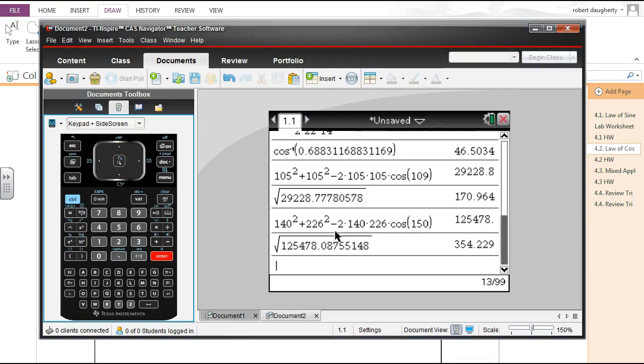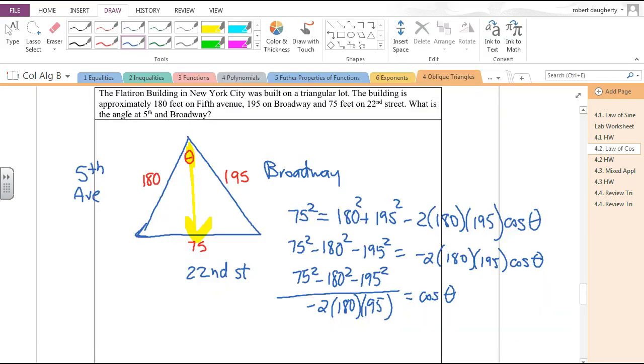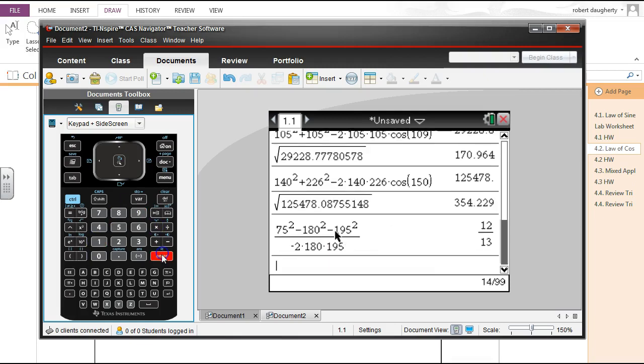And here's where I always do parentheses because I've got a complex fraction. 75 squared minus 180 squared minus 195 squared, in my parentheses, all of that is divided by a new set of parentheses: negative 2 times 180 times 195, and that is 12/13.